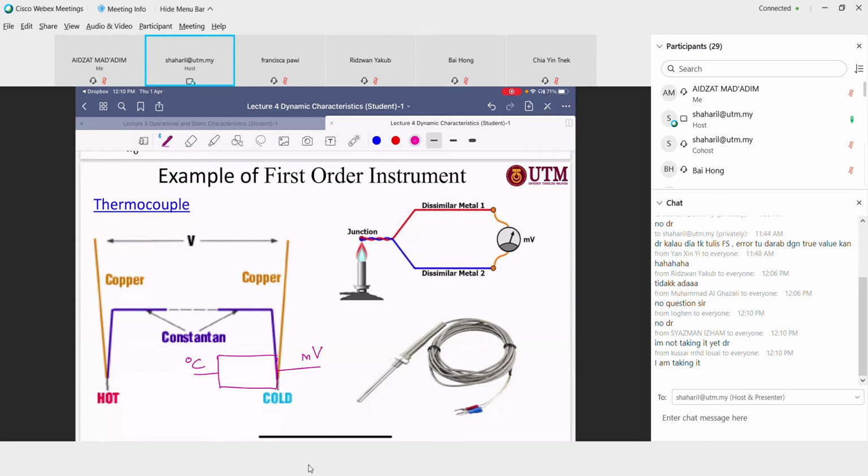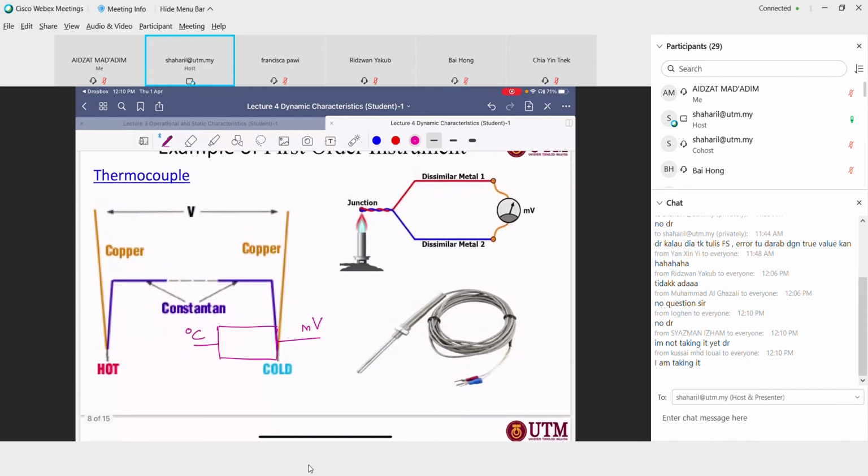That means I can write the time response like this, over t, the input is degrees, the output is millivolts. You need to be able to draw like this to understand the concept.